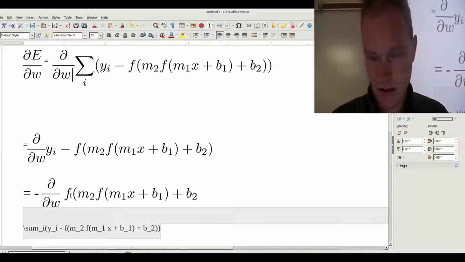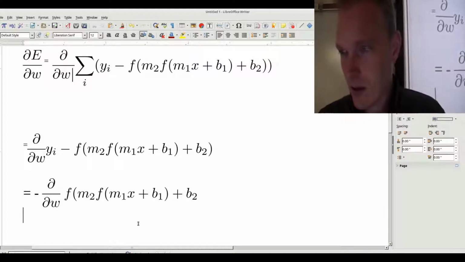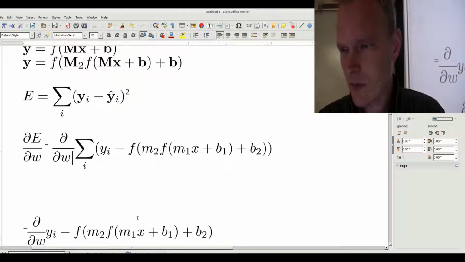Did we lose the square? Yeah, what happened to that square?